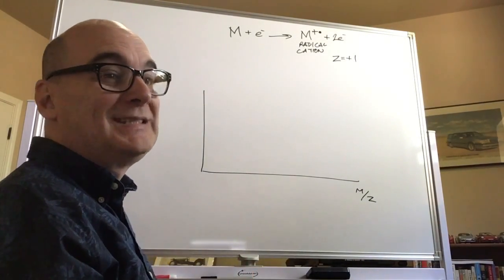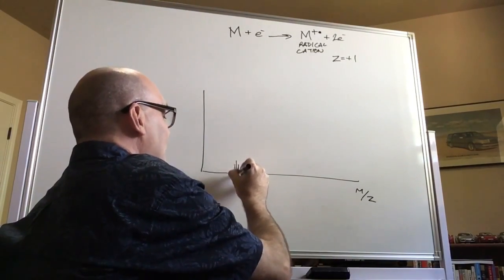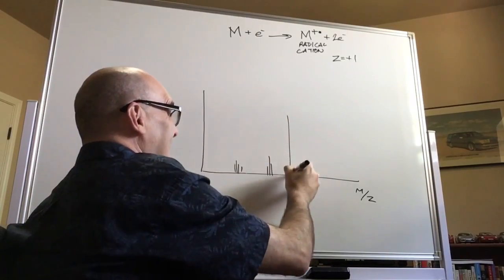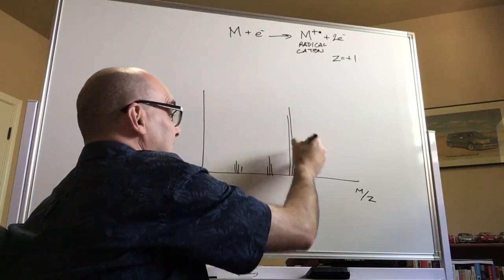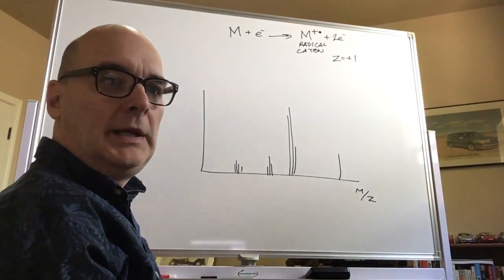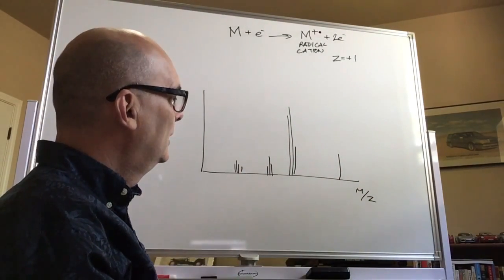It's the amount detected. And a mass spectrum might look like this. It gives us lines, and those lines happen in fragments.